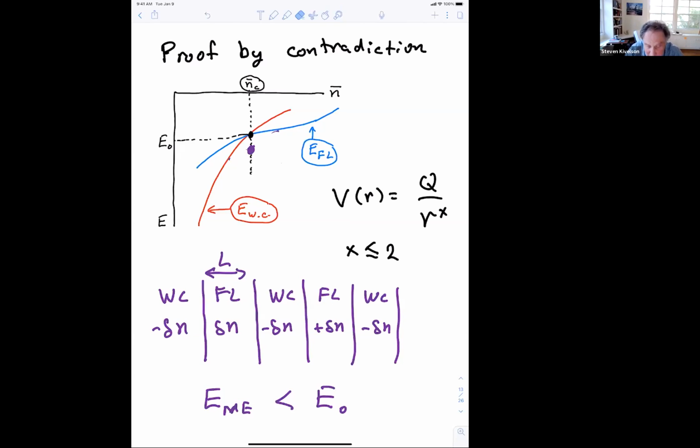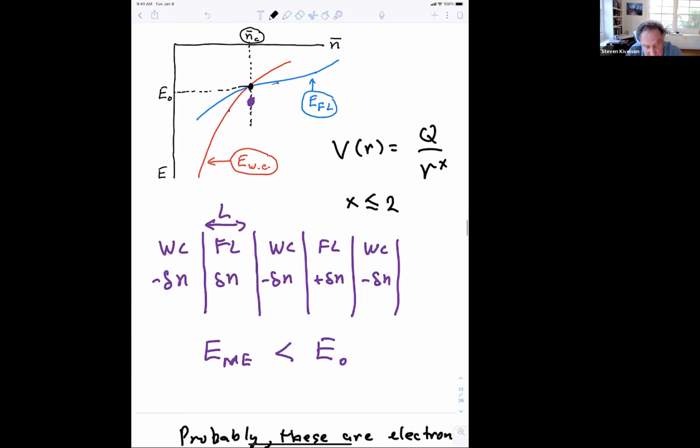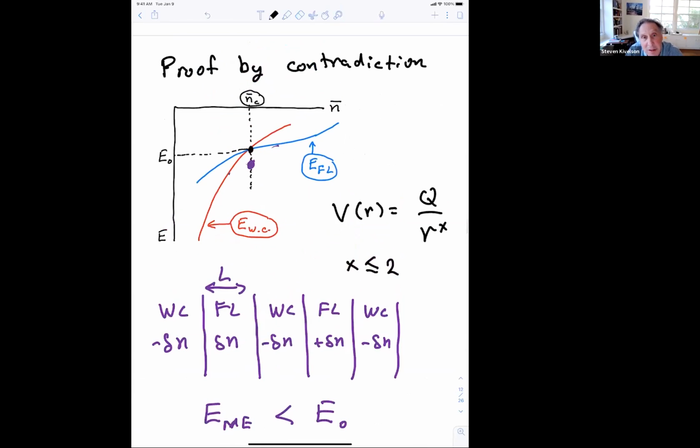Since we have a long range interaction, which falls off more slowly than 1 over r to the d, we can't tune the density by tuning a chemical potential or something. There's a constraint of charge neutrality. And that's also responsible for the fact that even though this sketch shows a concave energy, the system is not unstable to macroscopic phase separation. The long-range Coulomb interaction makes macroscopic phase separation illegal.